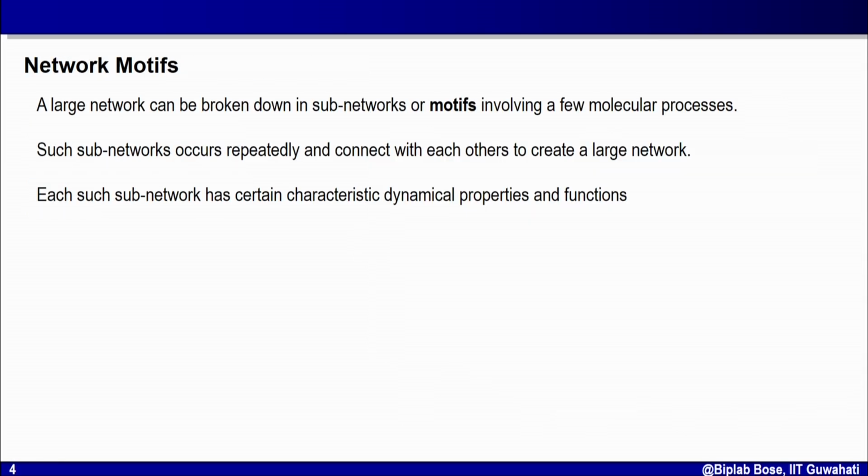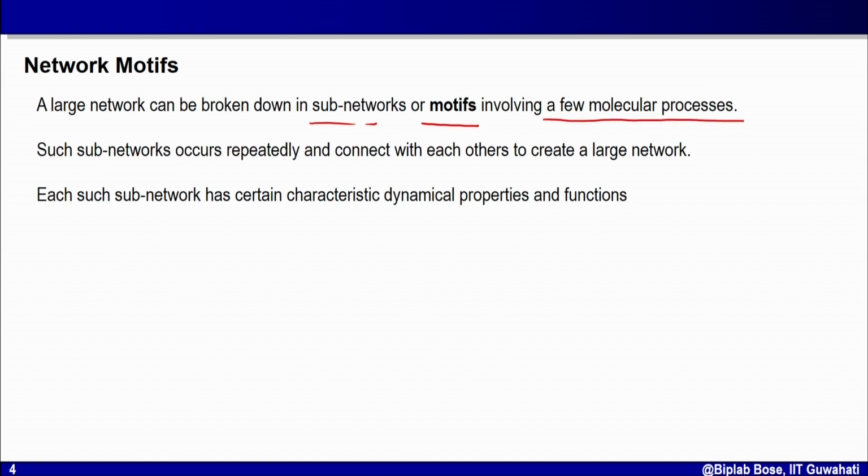If I break a large molecular network into sub-parts, we get sub-networks, and we call them network motifs. These motifs are not just made up of one molecule. They involve multiple molecules and multiple molecular processes, though only a few.